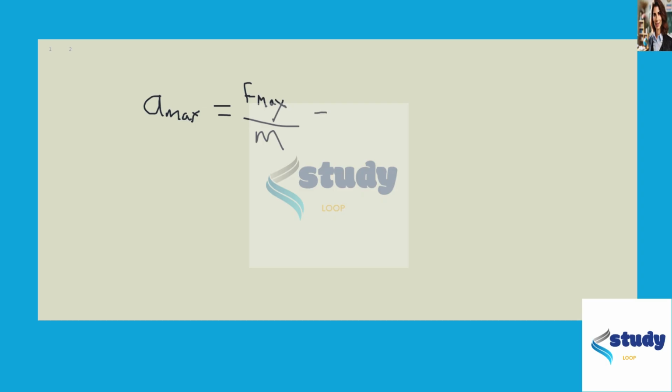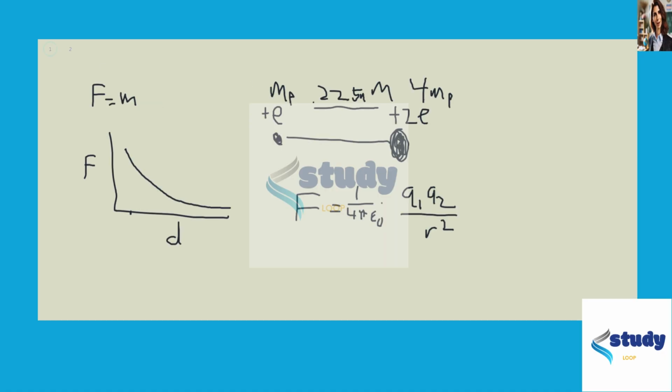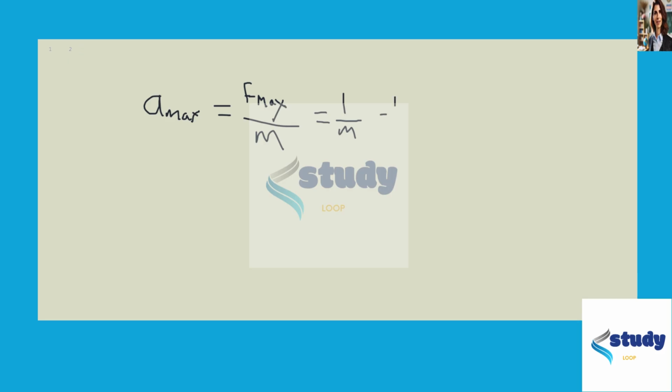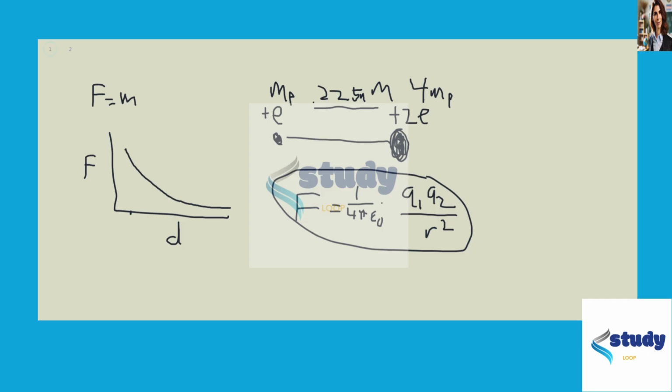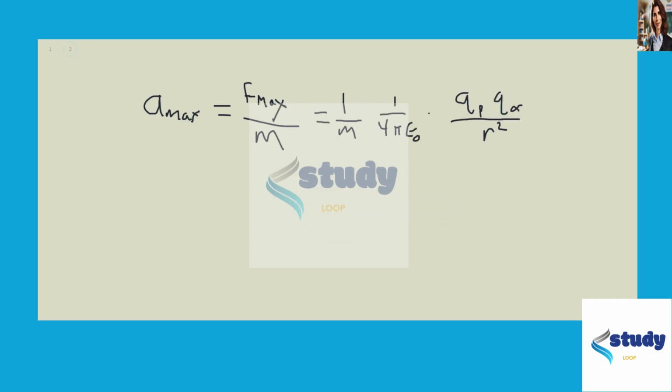And we know that this F max is given by the equation we showed before to be 1 over 4 pi epsilon naught times the product of the charges. Let's put Q proton and Q alpha particle as variables for now, divided by the distance between them squared, which we know now is just this 0.225 nanometers.